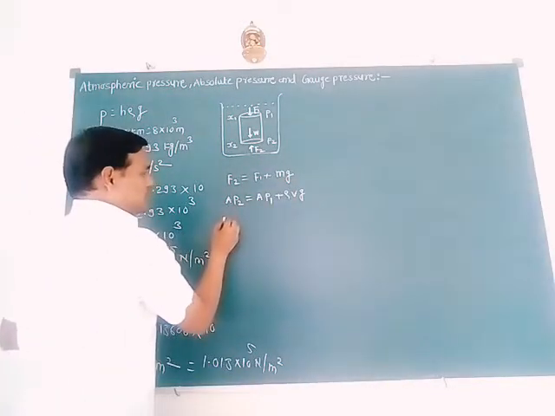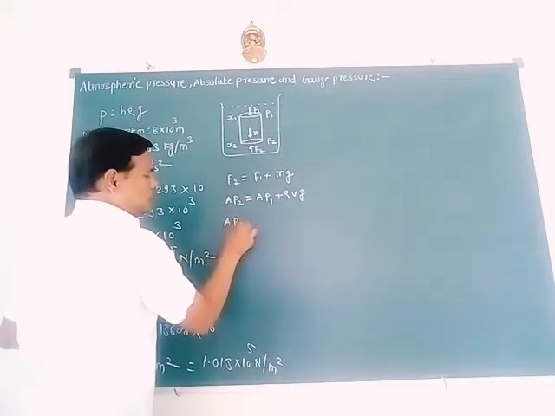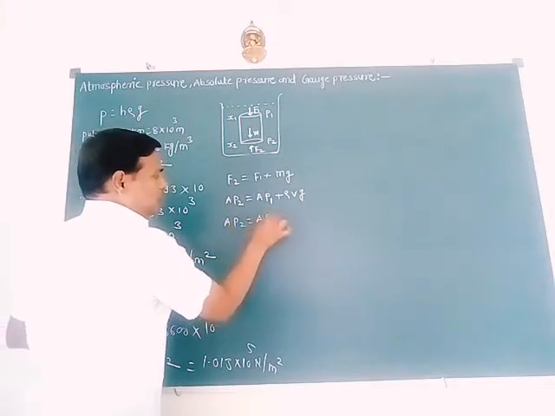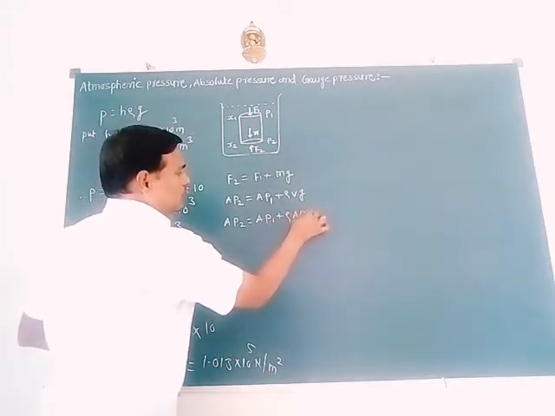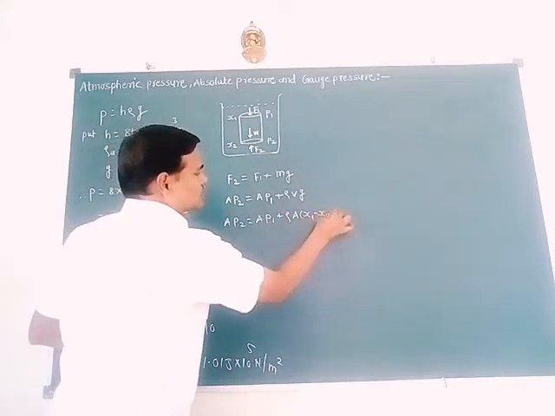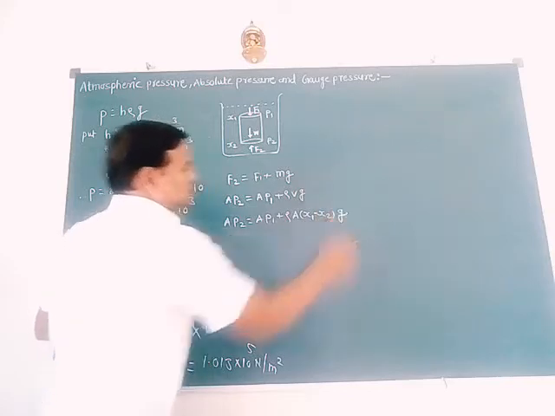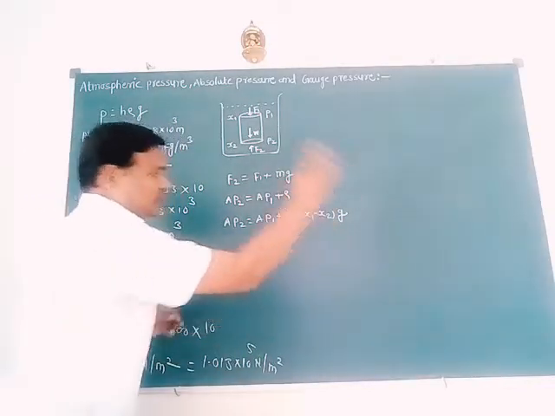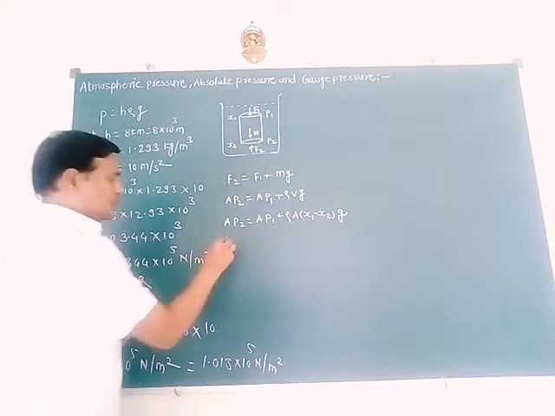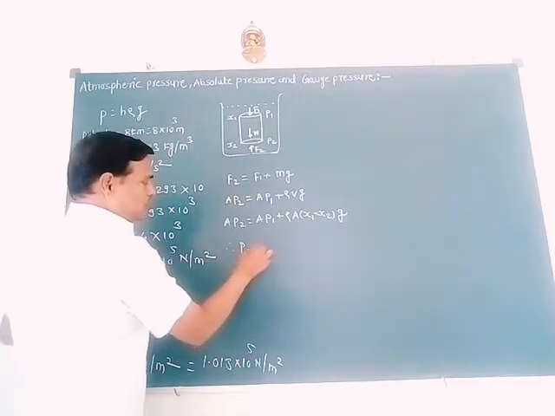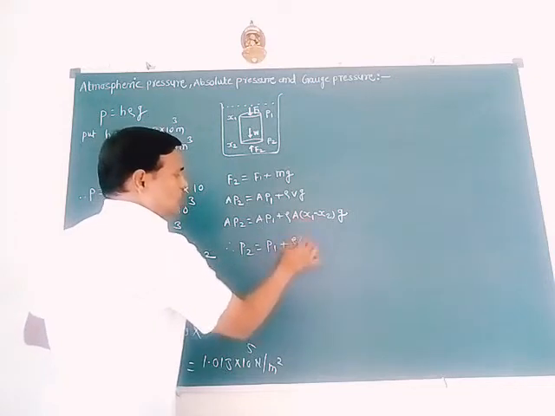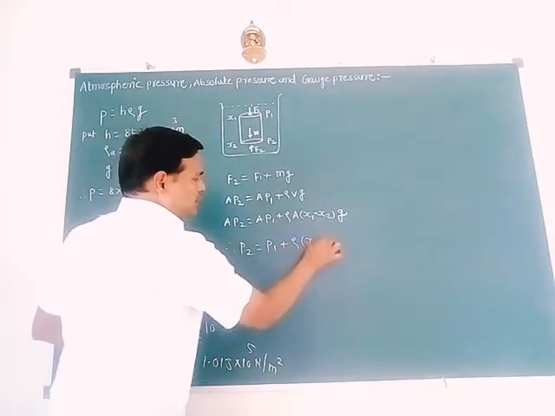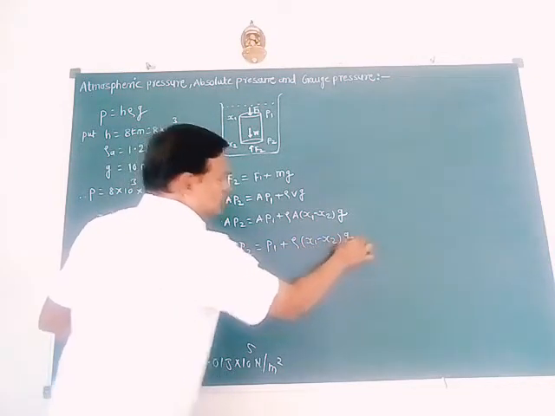So again you can write this as area into P2 is equal to area into P1 plus rho into area into x1 minus x2 into g. Now this area on both sides gets cancelled. So finally we can write P2 equal to P1 plus rho into x1 minus x2 into small g.